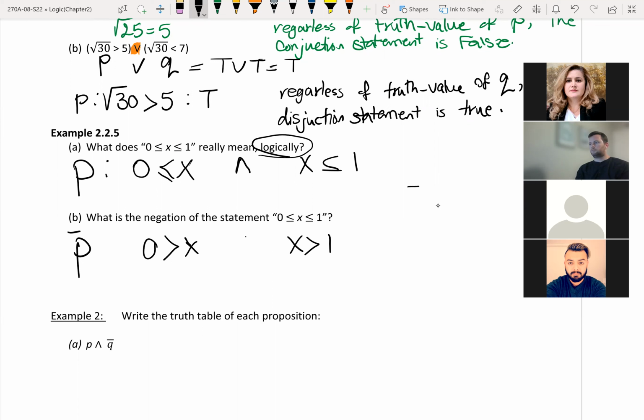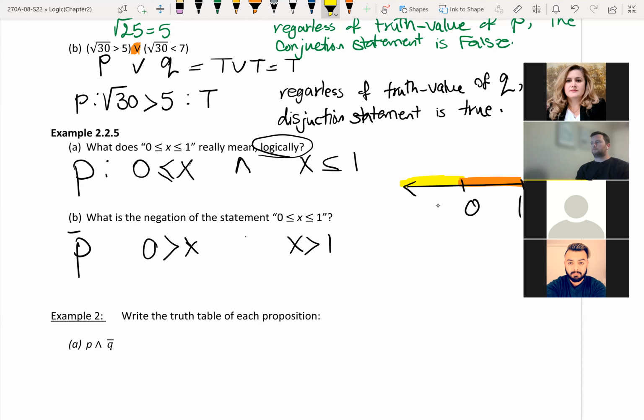Okay, so let's look at the algebra part. This is 0 and 1, right? Your first statement, the P statement, is claiming x is sitting between 0 and 1. Your not-P statement is going to say your numbers are sitting over here.